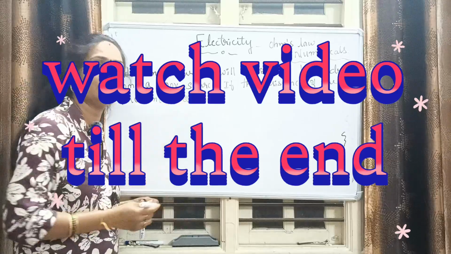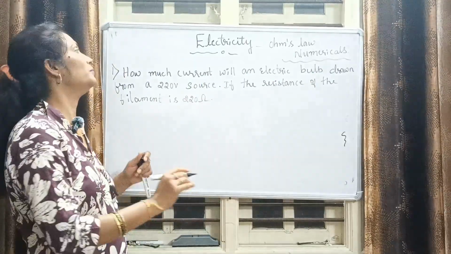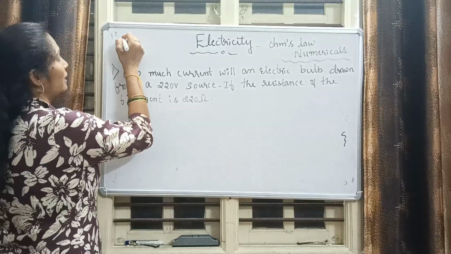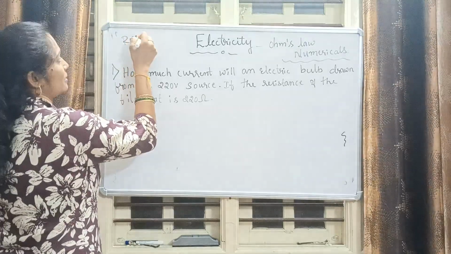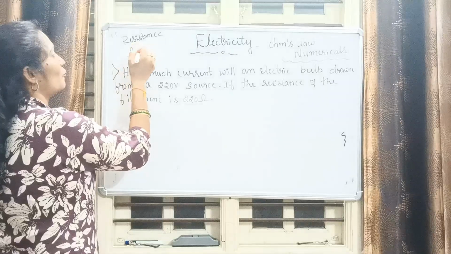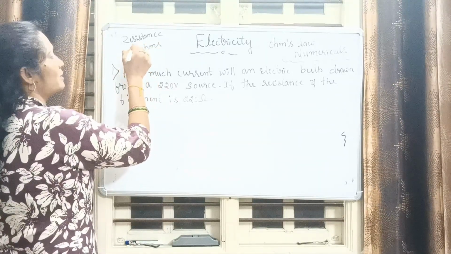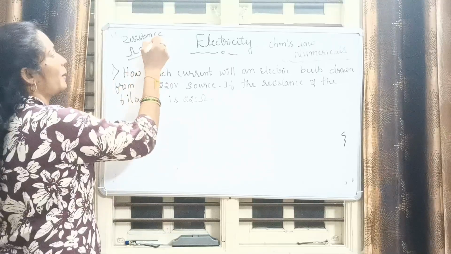Guys, let's solve some numericals on Ohm's law. One thing, note down: resistance is mentioned in terms of ohms. This symbol is called ohm, guys.